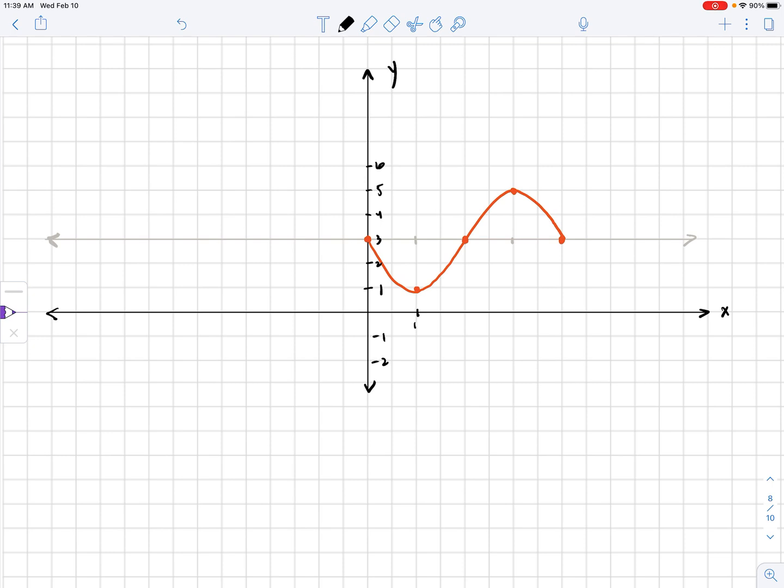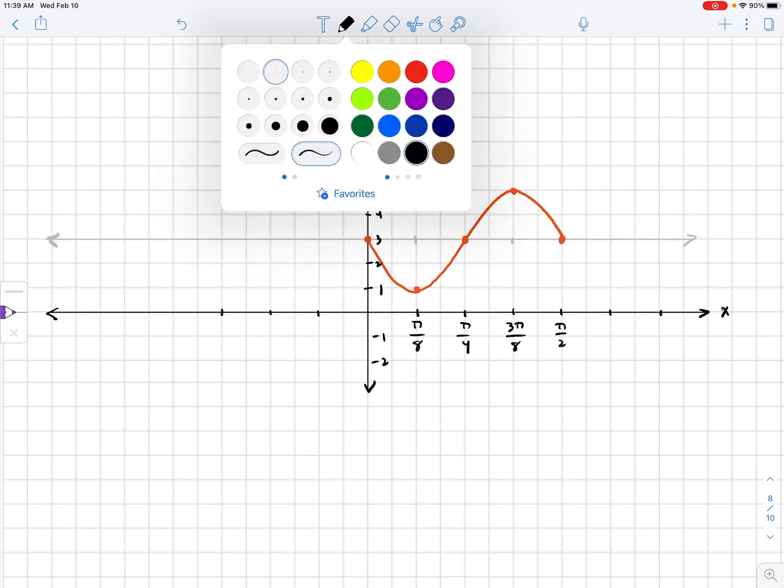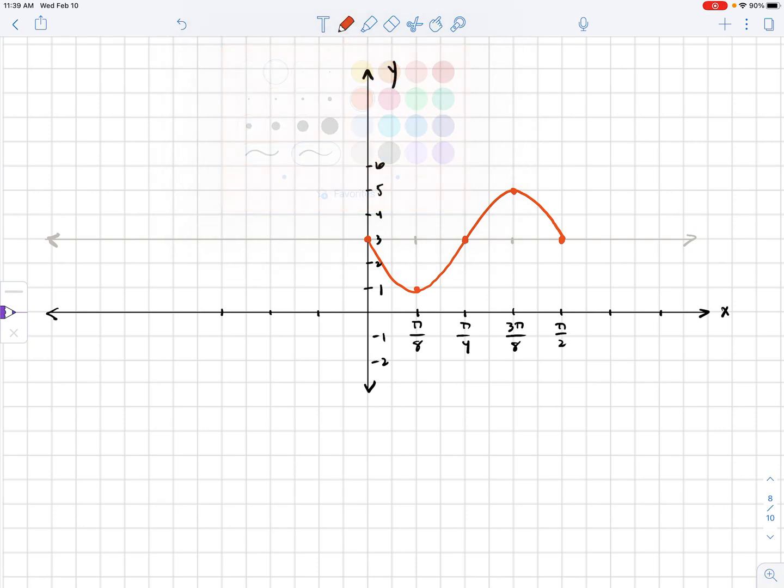Negative 1, negative 2. Okay, and then I'm going by pi over 8 on the x-axis. And I'll extend it a little bit further.